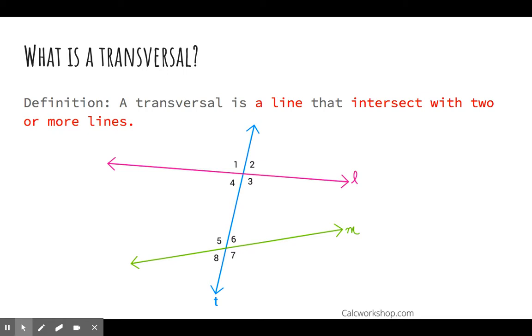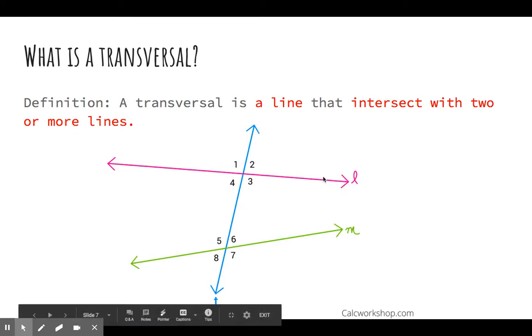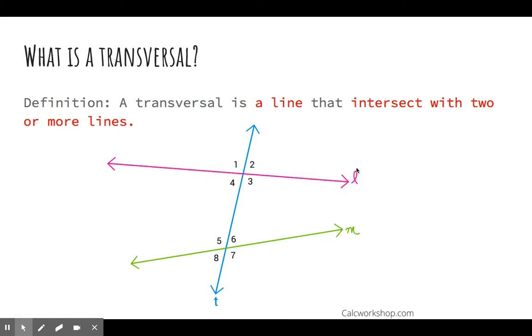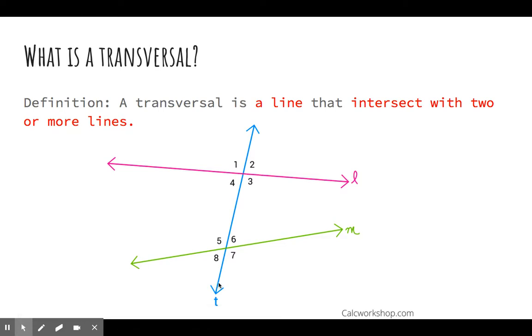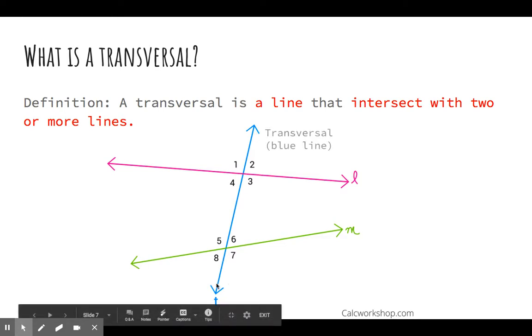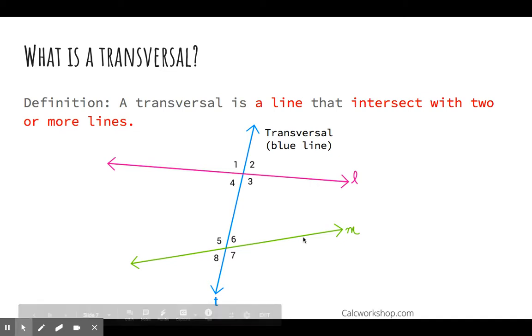Is it the blue, the pink, or the green? So if you notice, the blue line is intersecting the pink and the green, while the green and the pink are only intersecting the blue line, right? So the blue line would be our transversal because it's a line, and it's intersecting two other lines, the pink and the green.